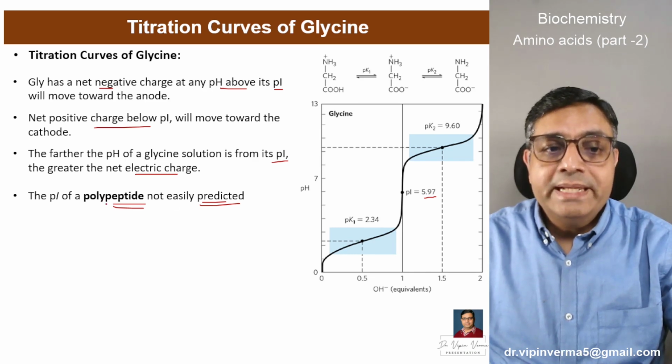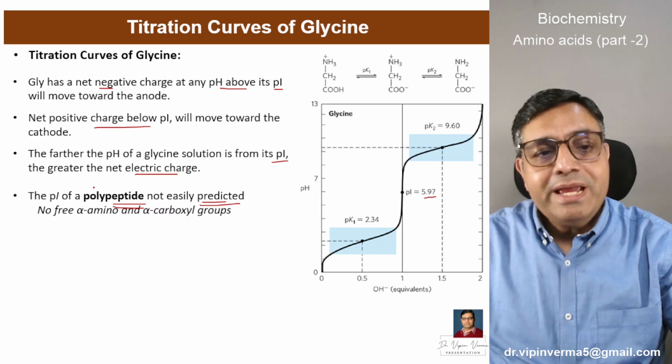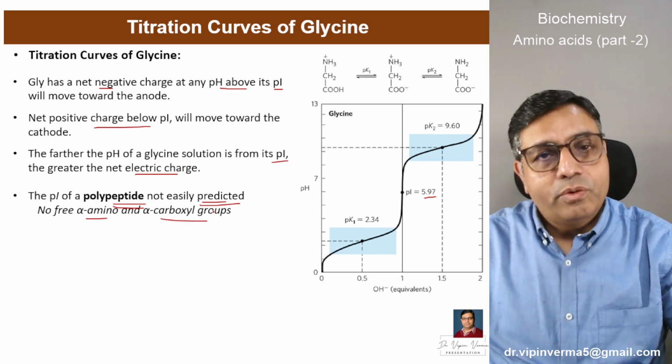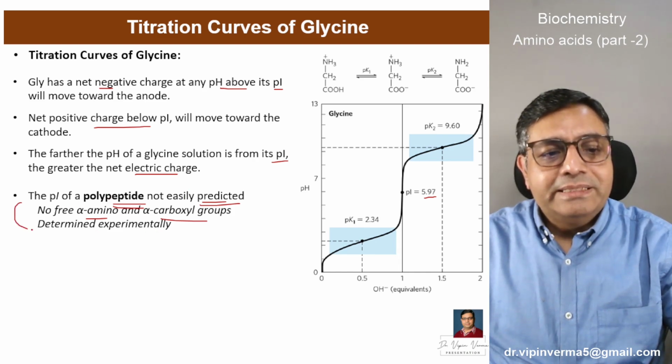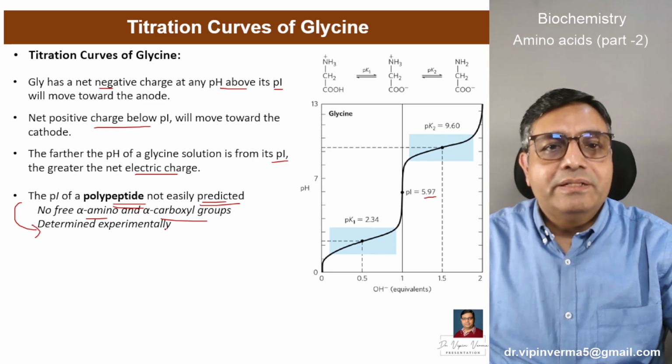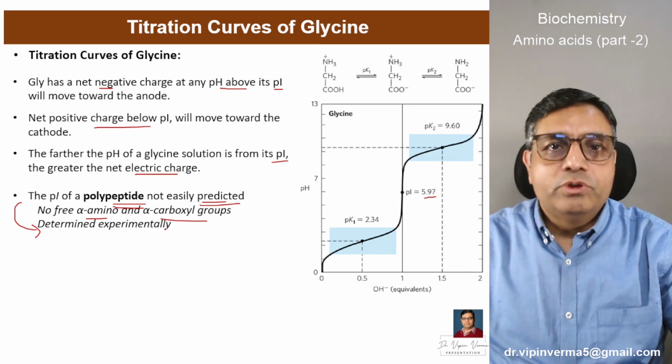But in the case of a polypeptide, you cannot predict the pI. Why? Because there are no free alpha amino and alpha carboxyl groups, since they are in the peptide bonds. So the pI of a peptide is determined experimentally. We can determine it, but we have to do proper experiments.